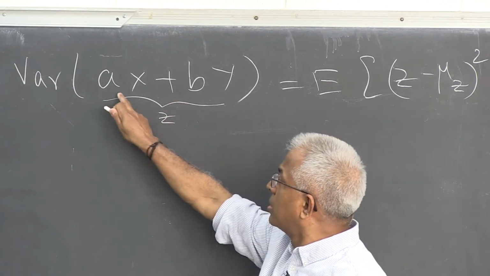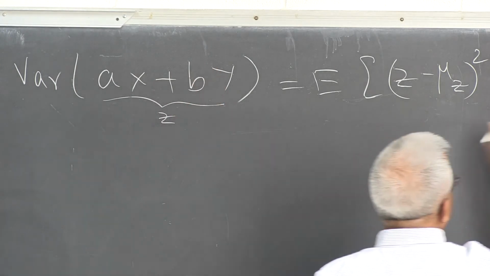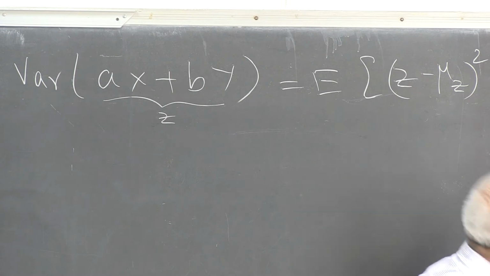Look here, a mu x plus b mu y. So if I substitute that, this now reads the expected value of ax plus by minus a mu x plus b mu y, right?